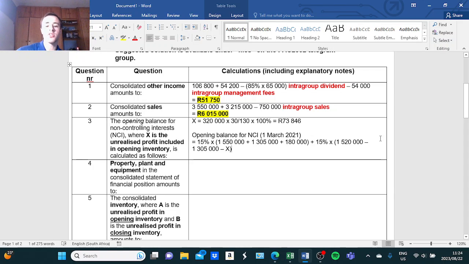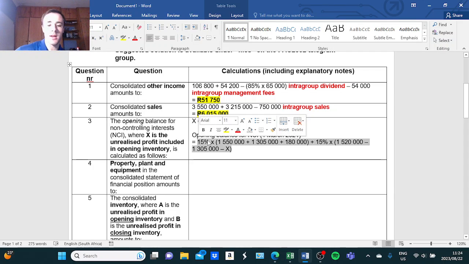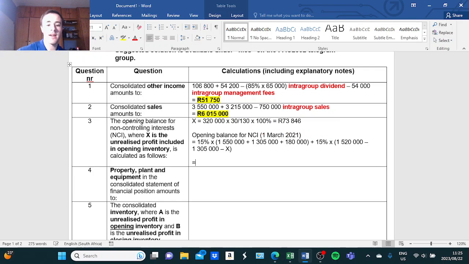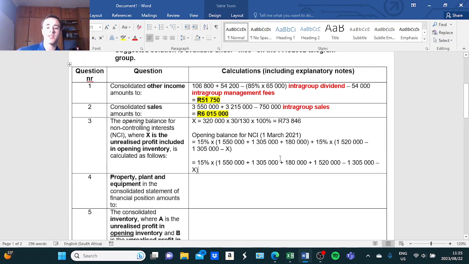And then we just need to combine these two. So you will have in effect 15% times 1,550,000 plus 1,305 plus 180 plus 1,520 minus 1,305 minus X. As you will see, these two will in effect cancel each other out.